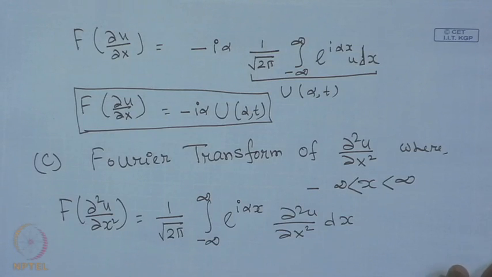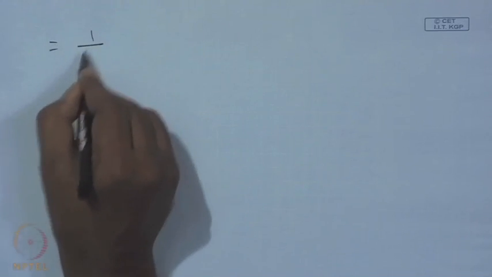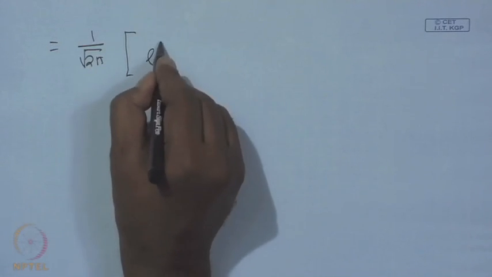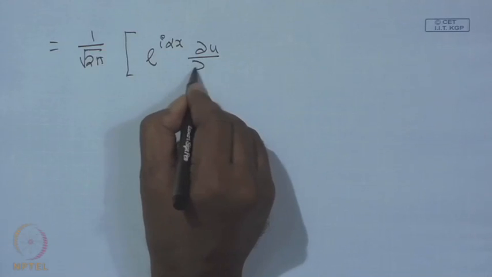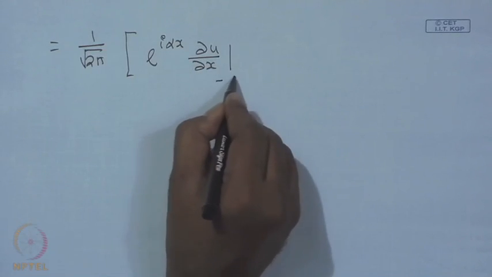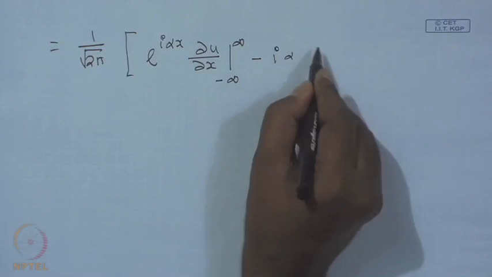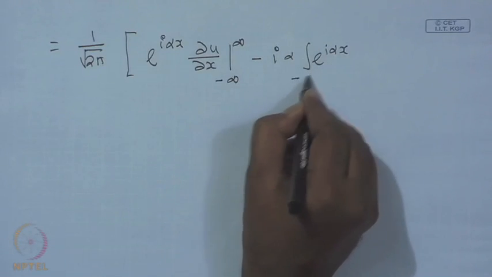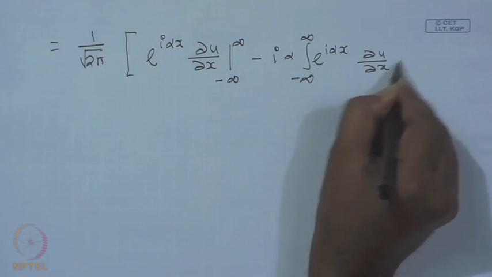Now, again we do integration by parts. If we do integration by parts, let us see what we get. We will be getting 1 over root 2 pi, e to the power i alpha x del u del x, first function, integration of the second function, from minus infinity to plus infinity, minus i alpha integral of e to the power i alpha x from minus infinity to plus infinity del u del x dx.